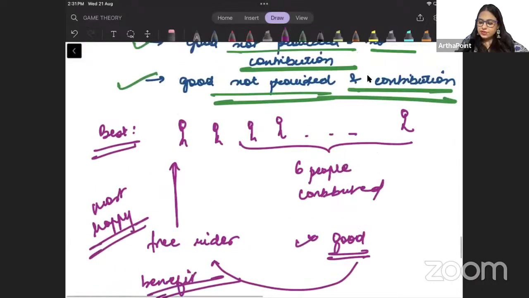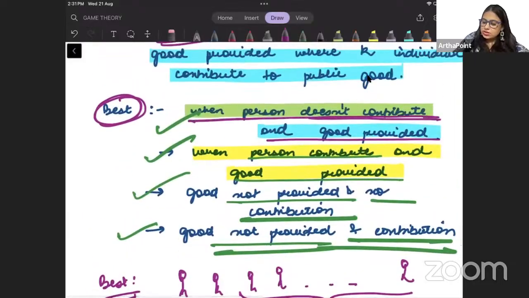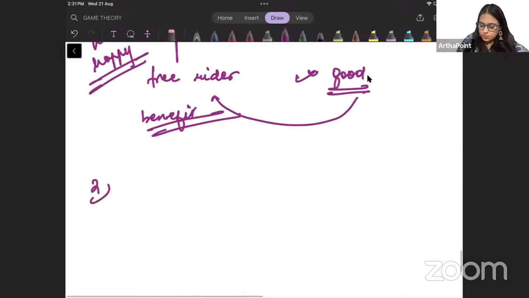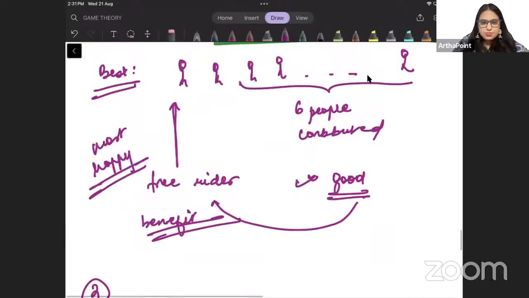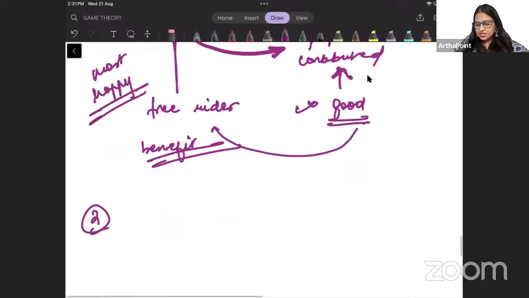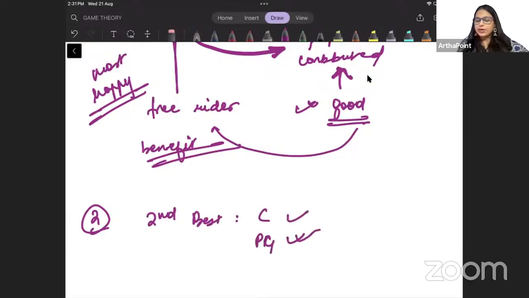Right? This is the first best option, when the person is not contributing and the good is provided. Second, among the 6 people who contributed, this person was there. He had contributed. And फिर good भी बन गया. So he contributed, he gave money to the government and good came. So that's the second best option. Second best option, that he contributed and public good was provided.